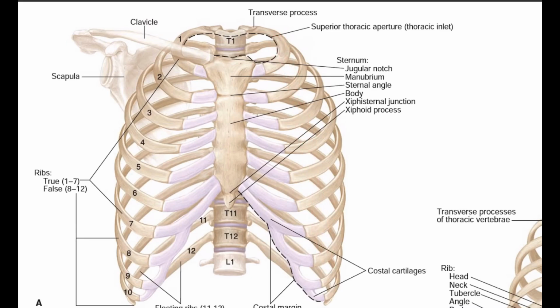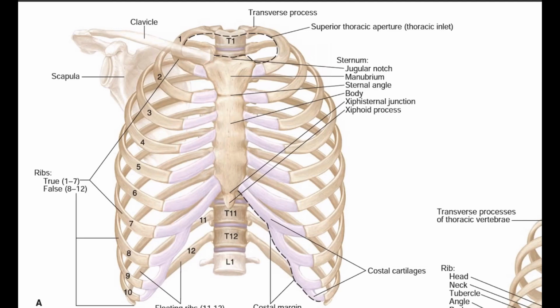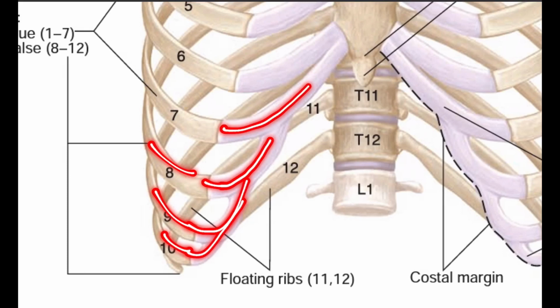Next, the anterior ends of the first 7 ribs are connected to the sternum through their costal cartilages, at the lateral border of the sternum. The cartilage anterior ends of the 8th, 9th and 10th ribs are connected to the next higher cartilage. What is the next higher cartilage?